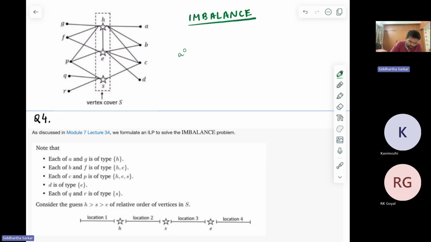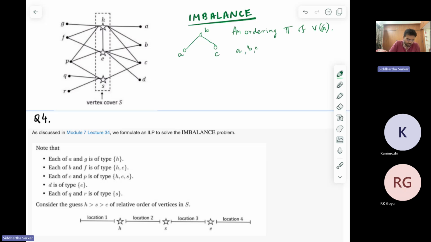So here is a simpler graph, A, B, C. The objective in the imbalance problem is to find an ordering of the vertices in the graph such that the imbalance with respect to the ordering is minimized. So let us say one ordering is A, B, C. So this is one ordering.